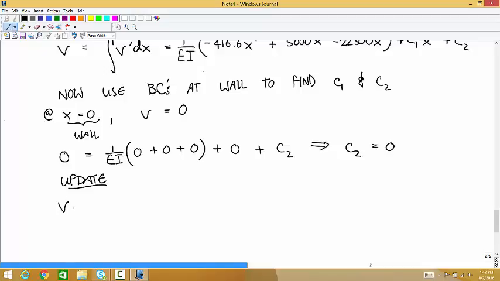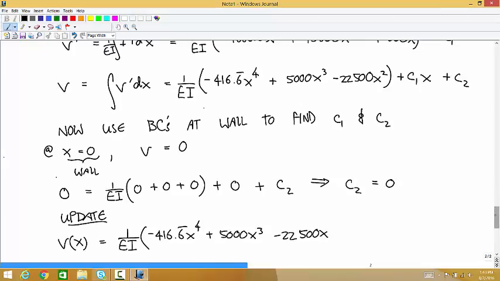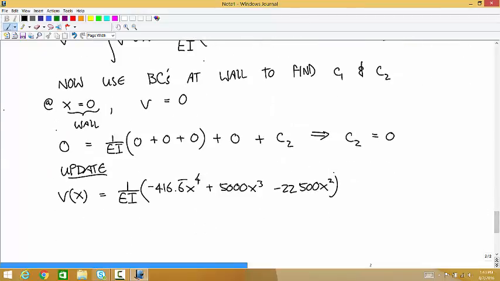Now what we have is that this deflection as a function of x is equal to 1 over EI times the quantity negative 416.6 repeating x to the fourth plus 5,000 x cubed minus 22,500 x squared plus C1x. And now there's no C2 anymore because we just calculated that that was 0.